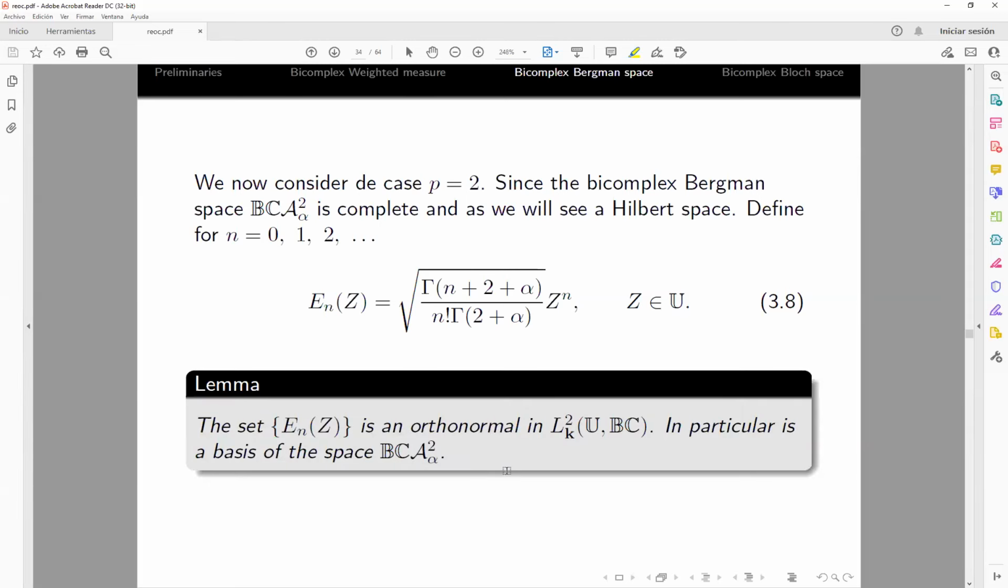Then, of course, the set of these special monomials is an orthonormal set in the L2 bicomplex space. Here should be the measure. In particular, it will be a basis for the Bergman space.